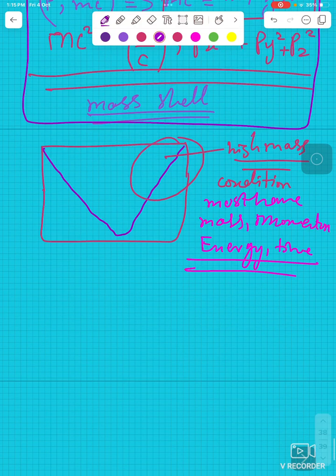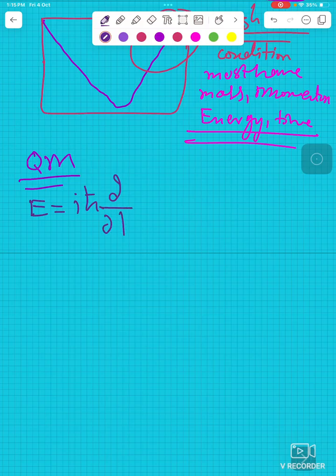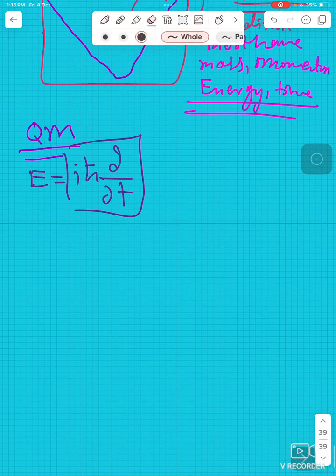Now let's get to the quantum mechanics part to derive the Schrödinger equation. First of all, the energy operator. This is i h bar d over dt. Okay, this is not d, this is a partial derivative.